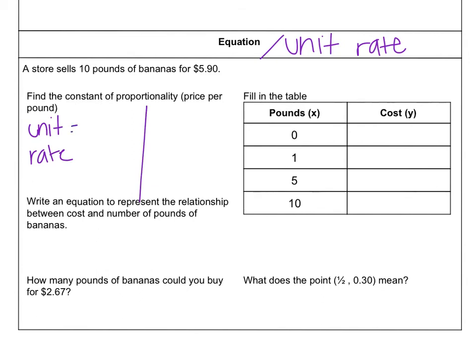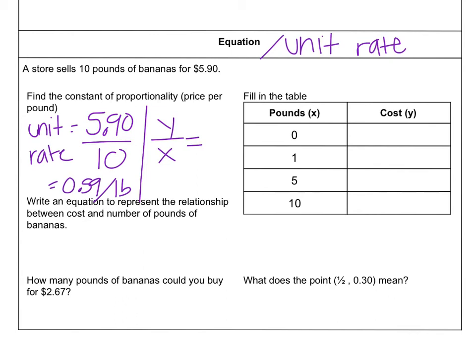I would just take $5.90 divided by 10, and that would give me 0.59, so 59 cents per pound. Okay, so that means that if my constant of proportionality is y divided by x, that means that 5.90 is my y value and 10 is my x value.